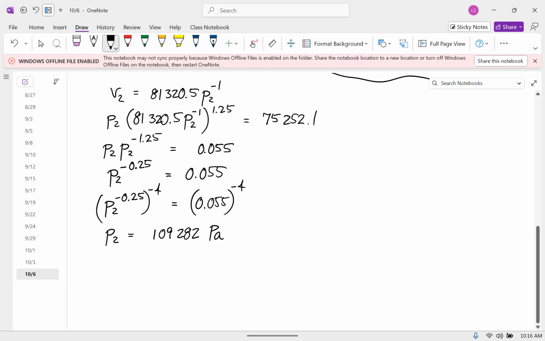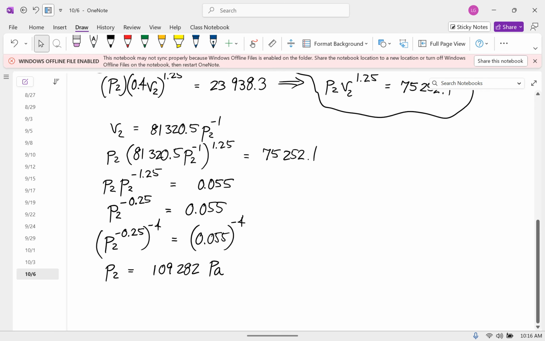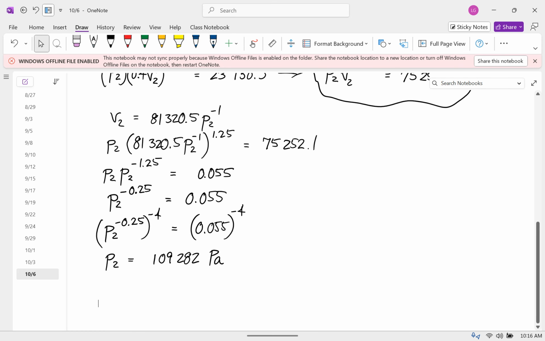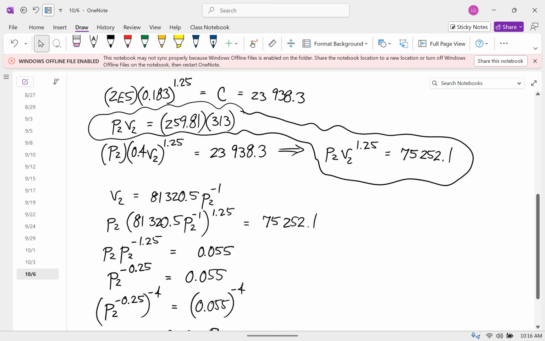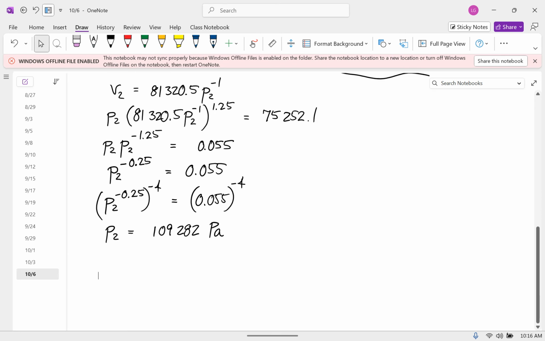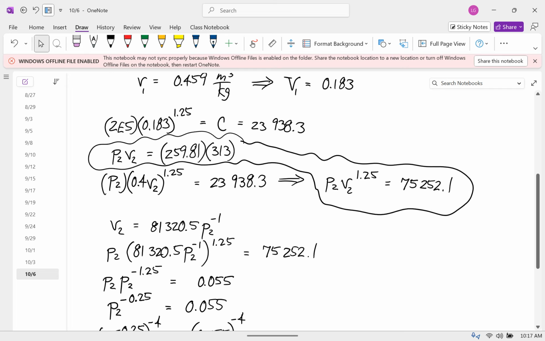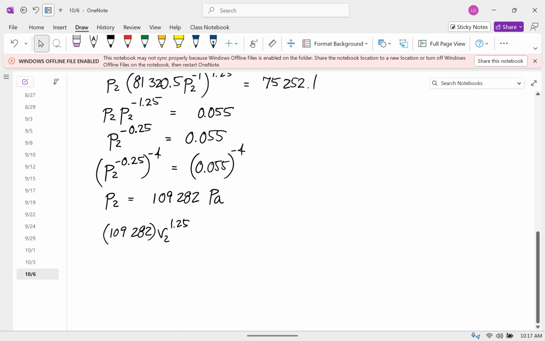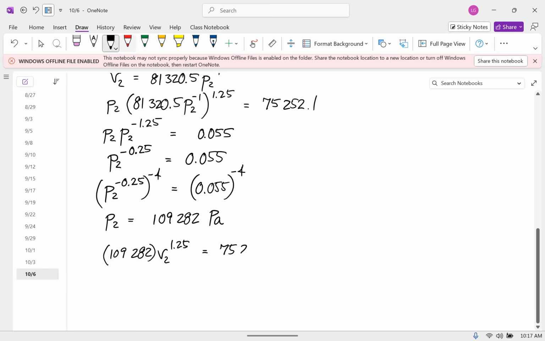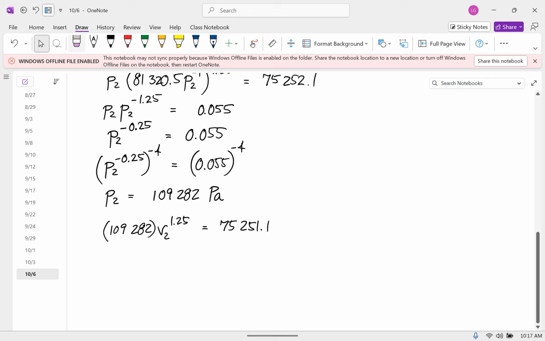We can use that to calculate the final volume. So we can do it like this. I'm going to say 109,282 times the specific volume 2 to the 1.25 power is equal to 75,252.1.